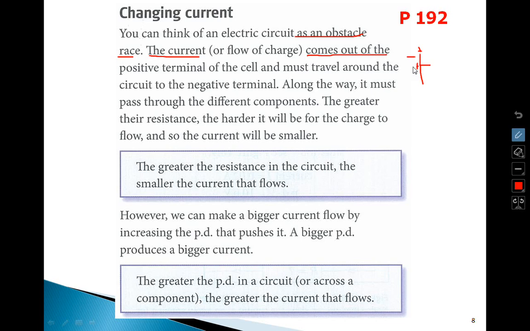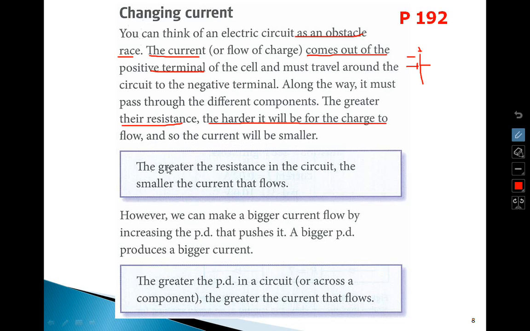So current comes out from the positive terminal of the cell or the battery and must travel around the circuit to the negative terminal. Along the way, it must pass through the different components. The greater their resistance, the harder it will be for the charge to flow, and so current will be smaller.